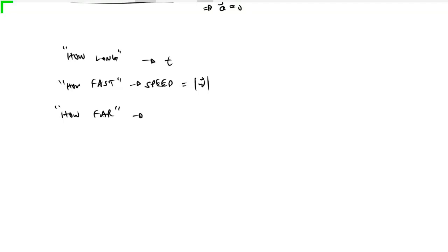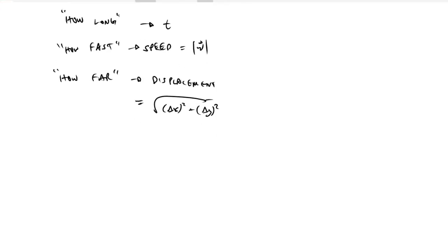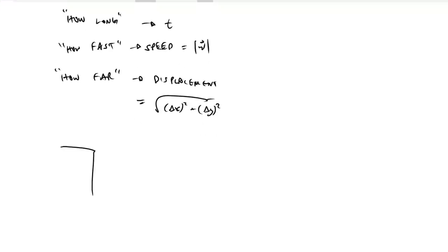So we'd say here, this is displacement, and this is equal to the square root of your delta x squared plus your delta y squared. So let's say that we had something thrown off a cliff, and we say how far away does it land from the highest point of the cliff. We would be looking for this displacement right here.